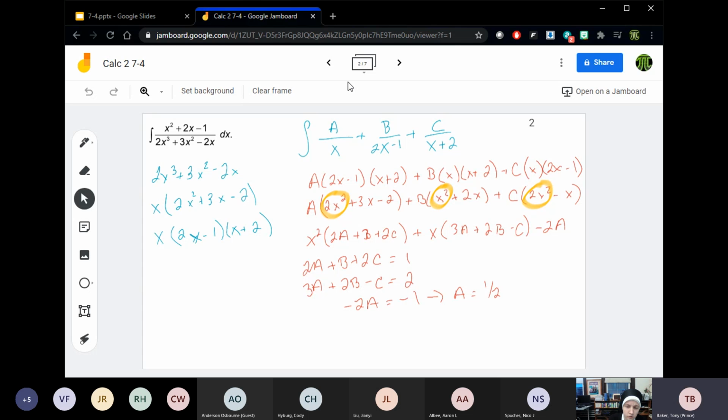In the first equation, that's going to become a 1, so I know that B plus 2C equals 0. And that's going to become 3/2, so I know that 2B minus C equals 1/2.